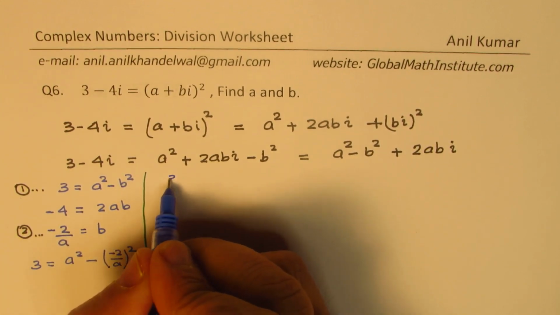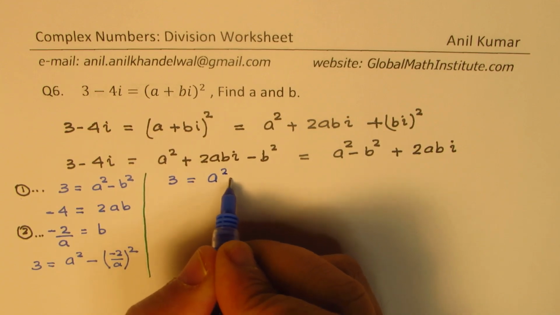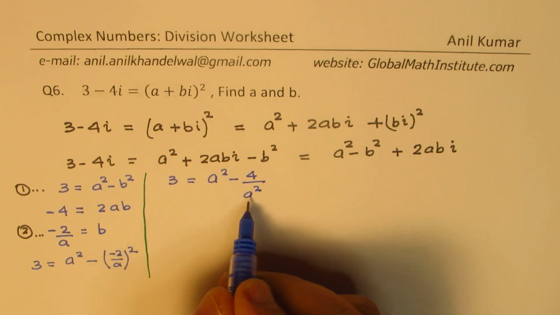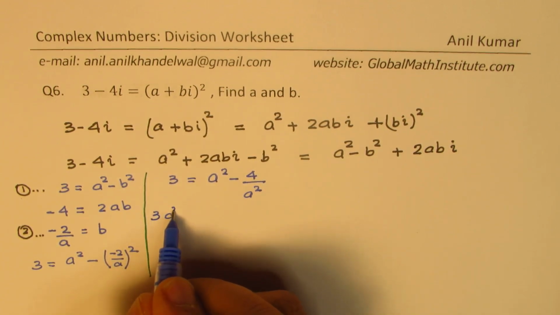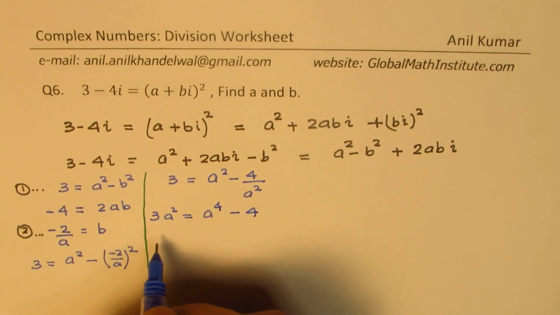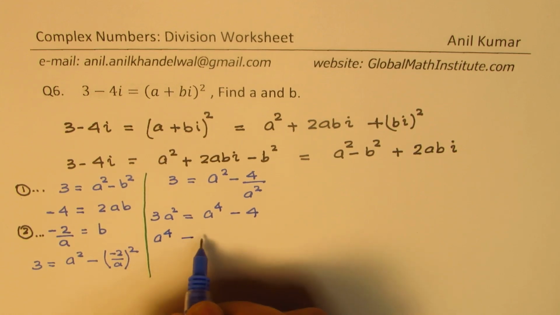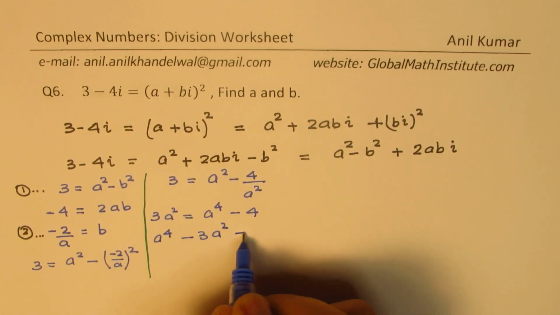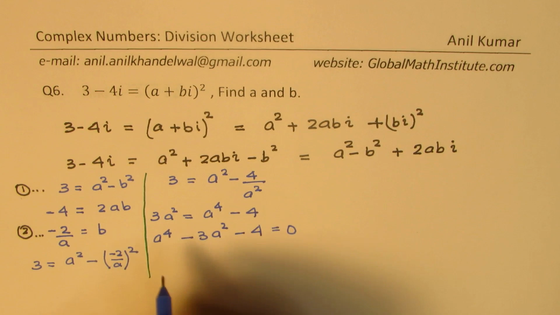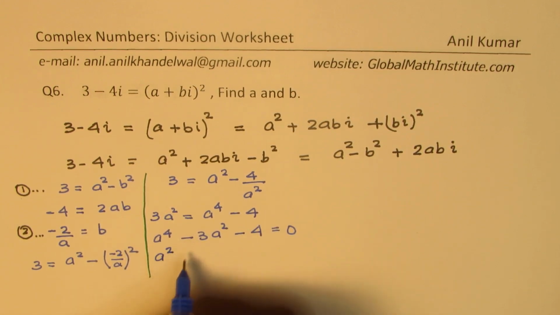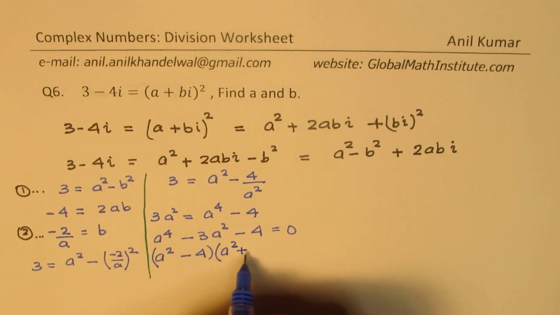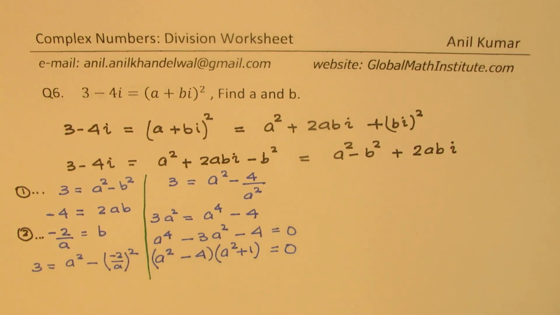Perfect. So we have 3 equals to a square minus 4 over a square. Multiply by a square, we get 3a square equals to a to the power of 4 minus 4. Bringing the terms together, we get a to the power of 4 minus 3a square minus 4 equals to 0. Now that can be factored and we can write this as a square minus 4 times a square plus 1 equals to 0.